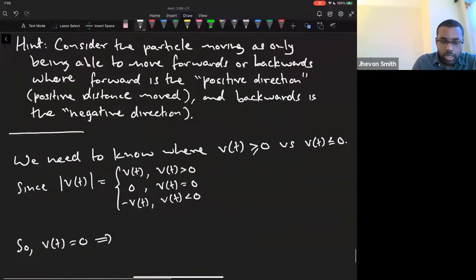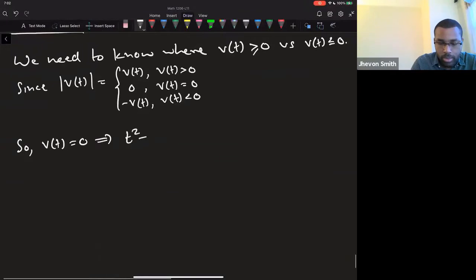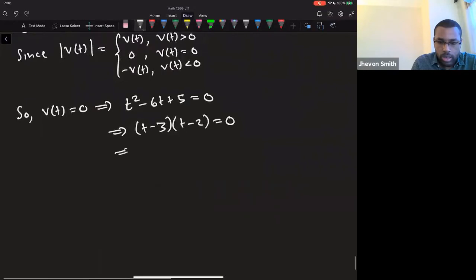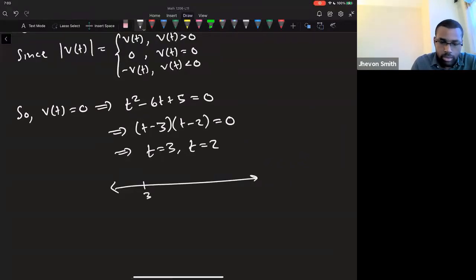So v of t equals 0 means t squared minus 6t plus 5 equals 0. I think minus 3, minus 2 would work. This means that t equals 3 or t equals 2. I would plot this on a number line. It's a quadratic, so you already kind of know what it looks like.